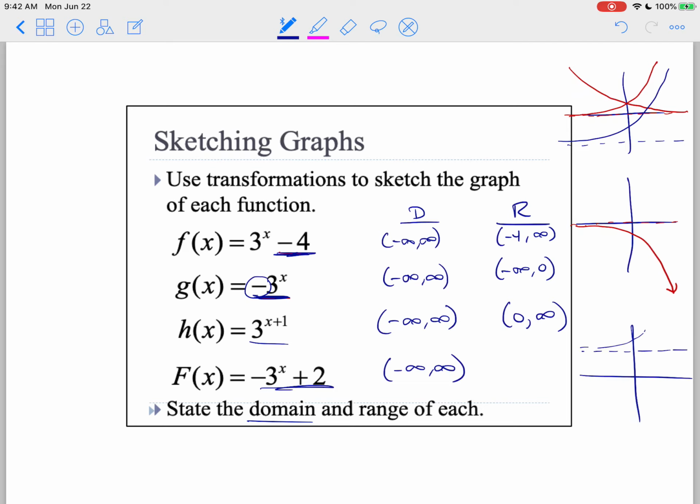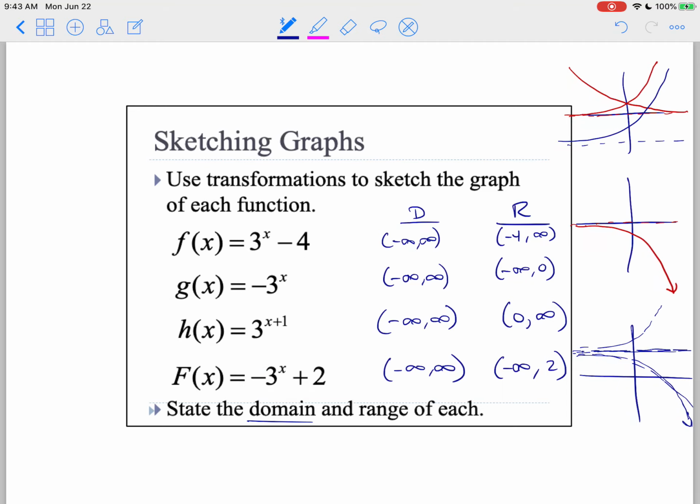It would have been growth, but it's reflected over the x-axis, so it's actually growth negative. It's now reflected over this horizontal asymptote, which is y equals 2. So we're still at 2, but we're starting at negative infinity going up until 2. So if you see this negative out in front, you're going to start at negative infinity for your range and end at the horizontal asymptote.